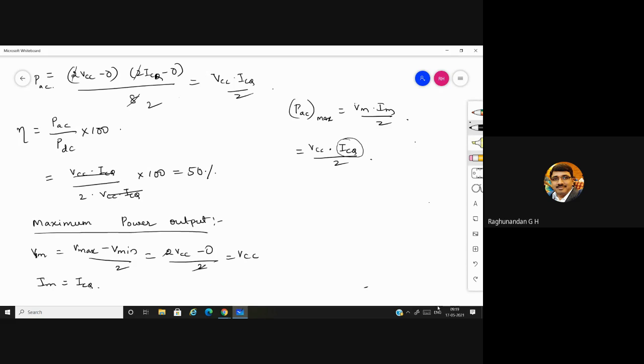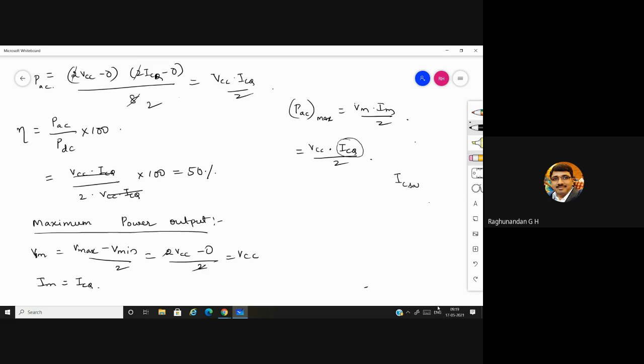Yes, your answer is correct. But how? Because the voltage at that point is VCC, and you have the reflected resistance RL dash. So the current flowing there is ICQ, hence applying Ohm's law, we get VCC by RL dash.